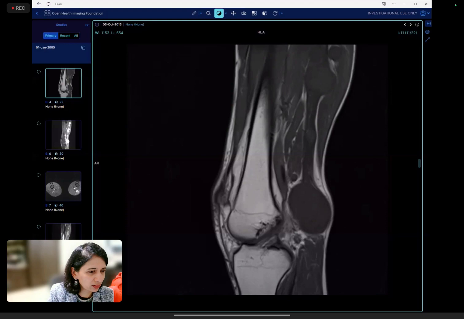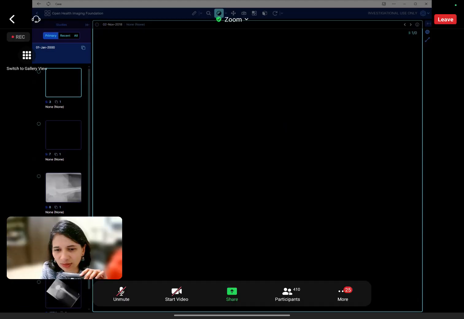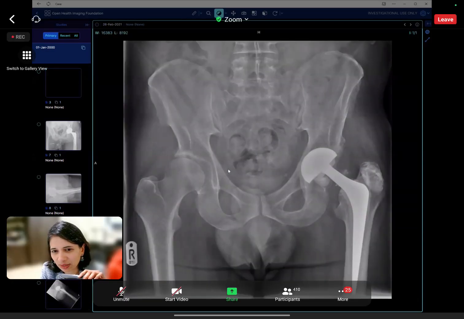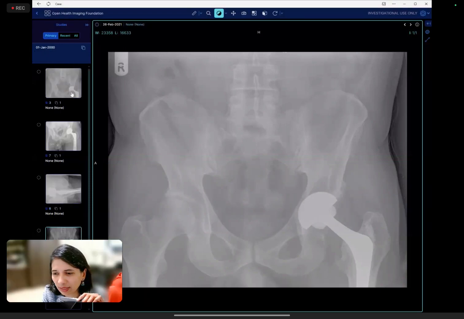So coming to that one, so load. This one was, like I said last time, I will show you cases with periprosthetic complications, and this is one of the cases where that's the ceramic head that is there.